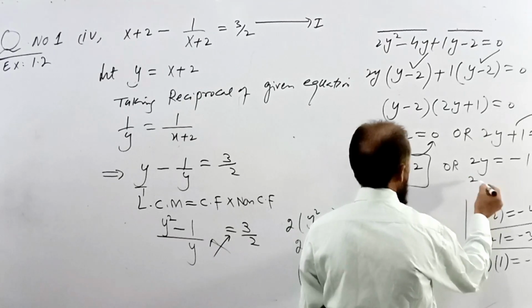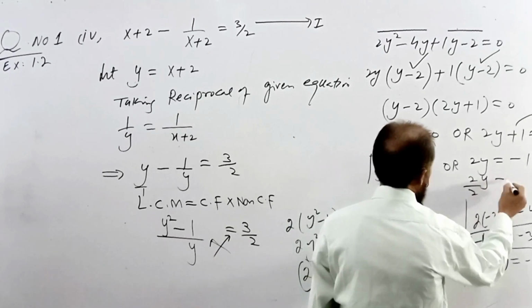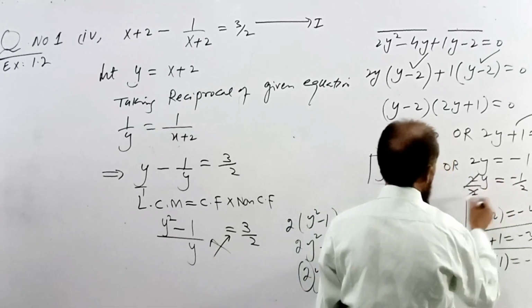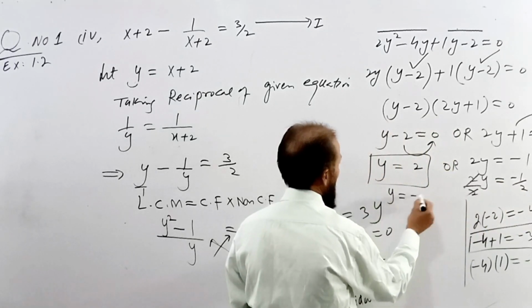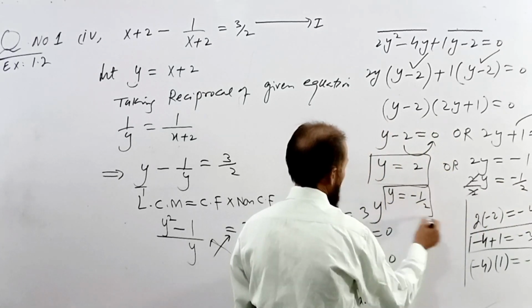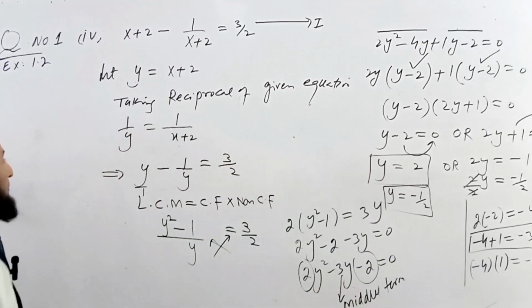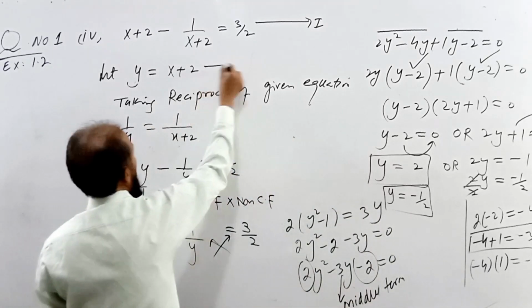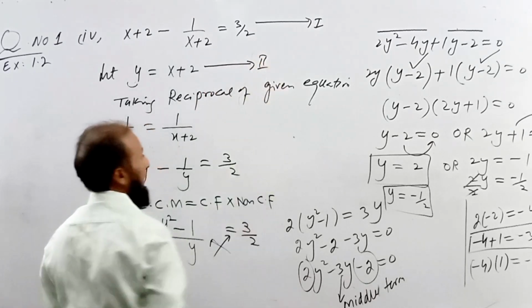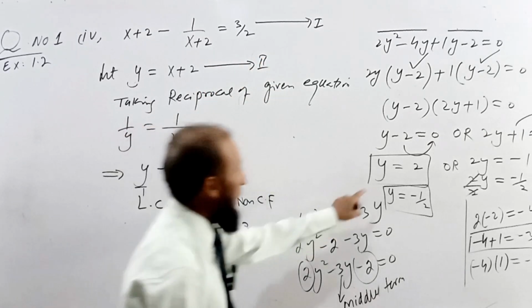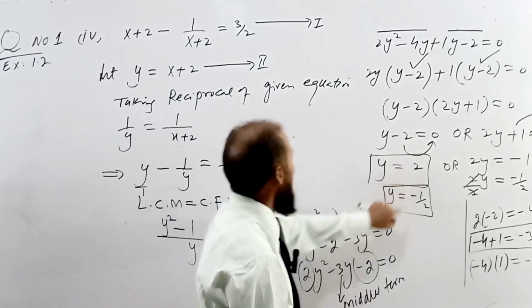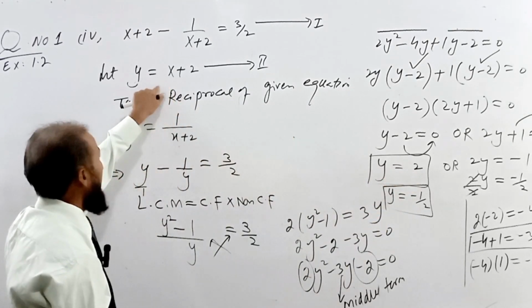Dividing both sides by 2, so -1 divided by 2, y is equal to -1/2. This is not our solution because we already took it in the supposition. So now we are giving equation number second.